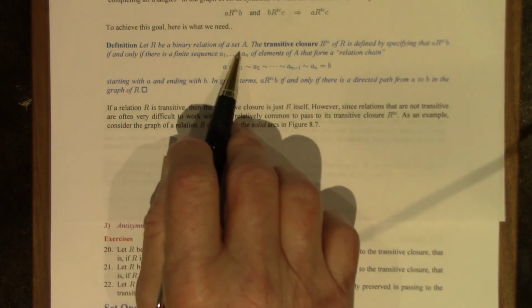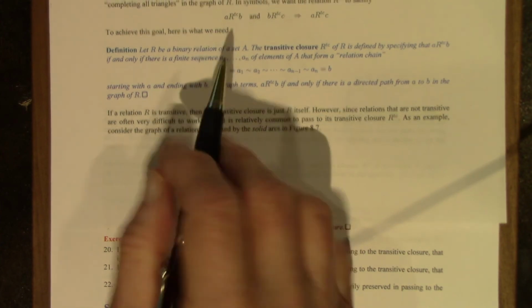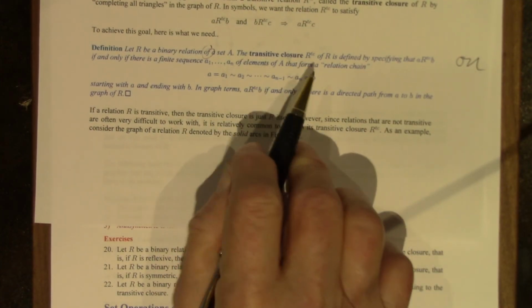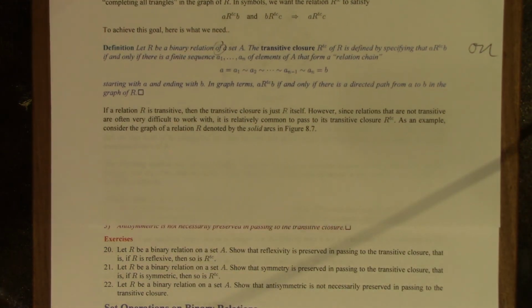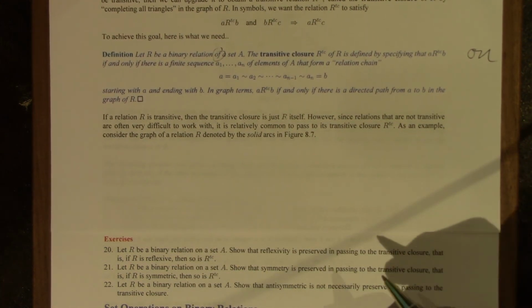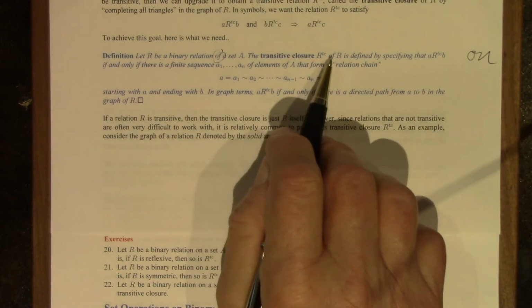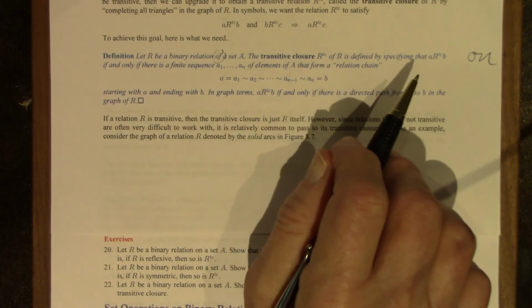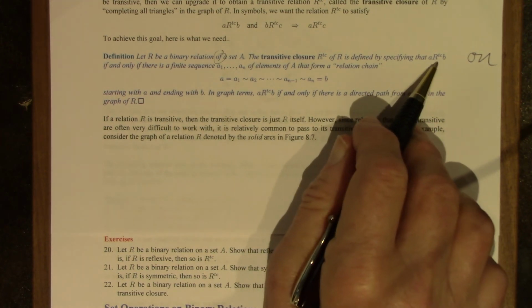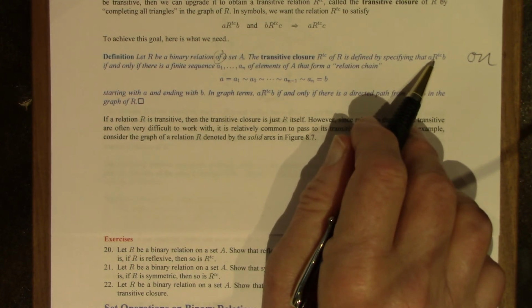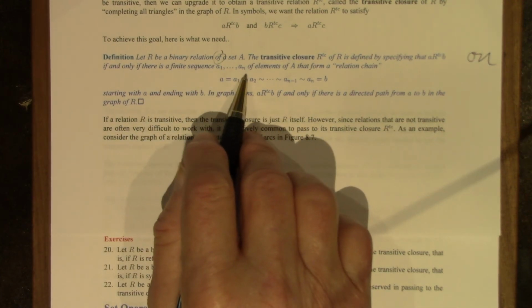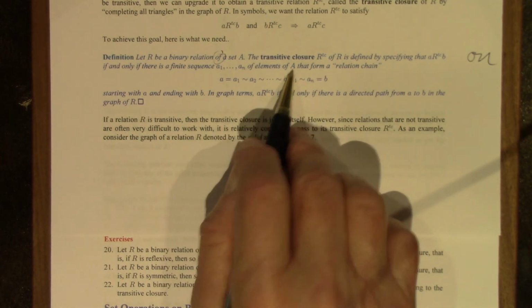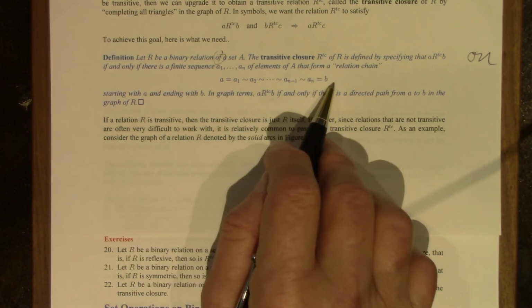Let R be a binary relation on a set A. The transitive closure, which I denote by R super TC, I don't know that this is standard notation, but it's convenient for us anyway, is defined by specifying that A is related to B under the transitive closure if and only if there's a finite sequence of elements of the underlying set that form a relation chain.